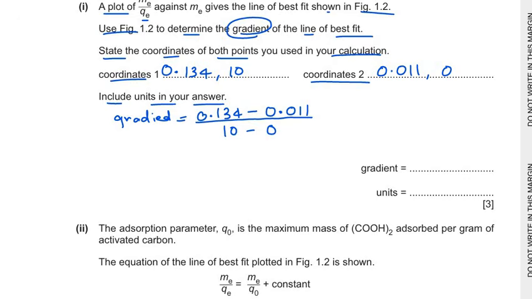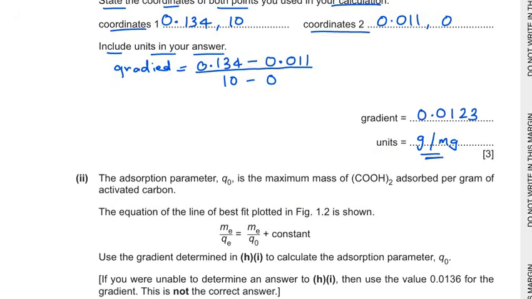This is how I find the gradient, and I've got the gradient as 0.0123. The units will be grams per milligram, because the y-axis is in grams and the Me is in milligrams, so I can write it as grams per milligram.